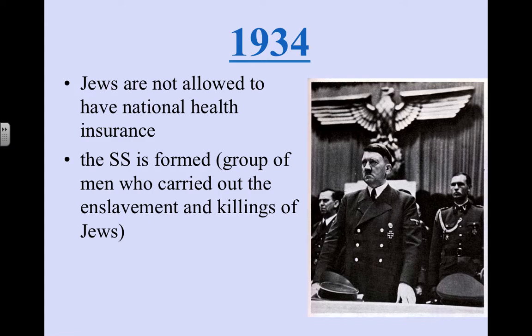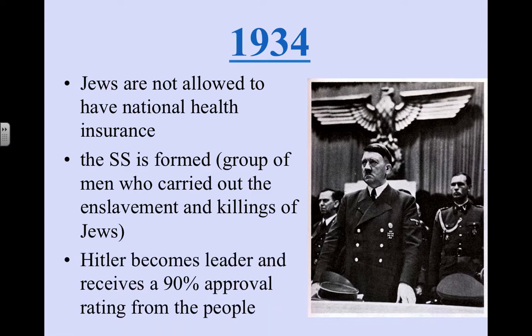The SS is formed. They're a group of men who carried out the enslavement and killings of the Jews. And then finally, Hitler becomes a leader and receives a 90% approval rating from the people.